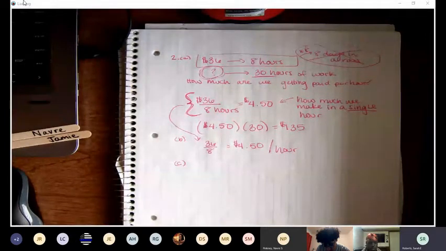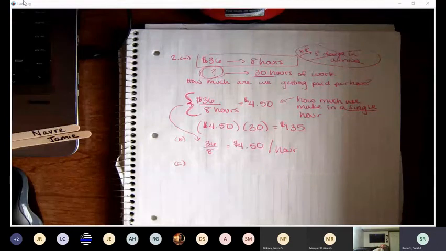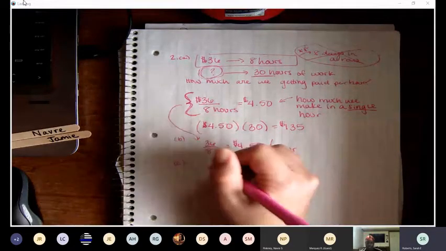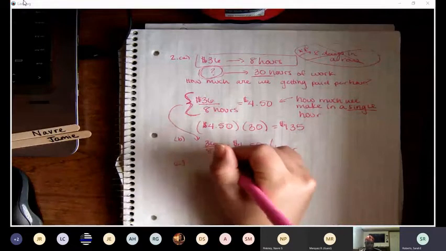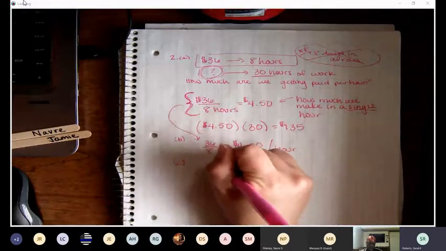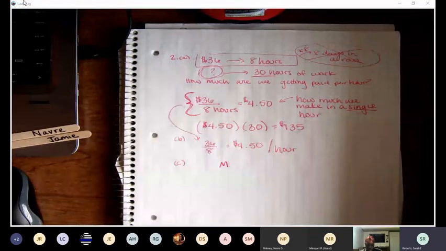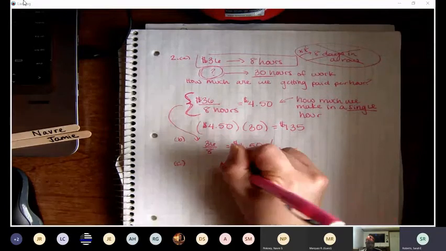Okay, and then part C, it says, how can the amount of money earned be expressed as a function of the number of hours worked? So we want the amount of money earned. We can use a variable. We can do M. I think I remember somebody using M yesterday. So M is going to be the amount of money that we're making. And we want to write it as a function of the number of hours worked.